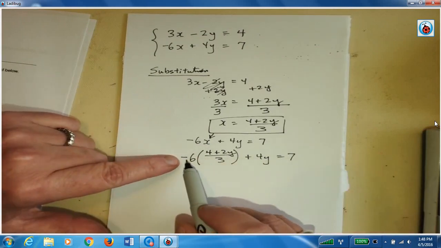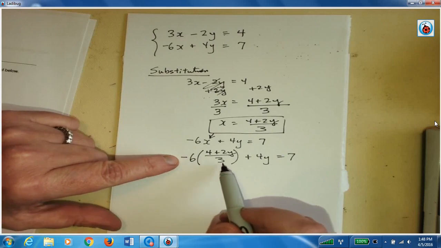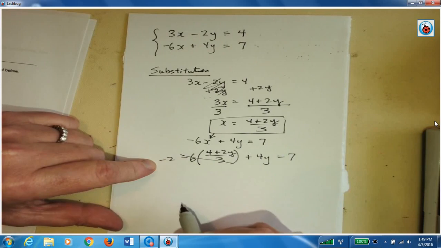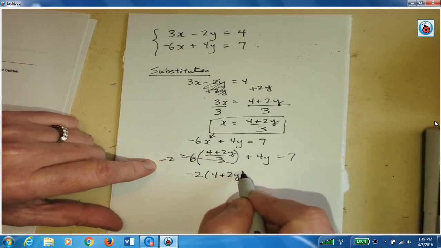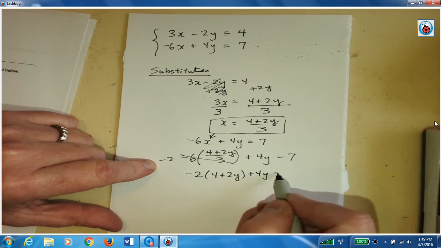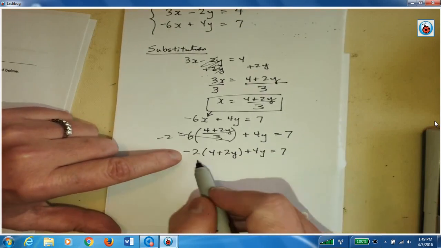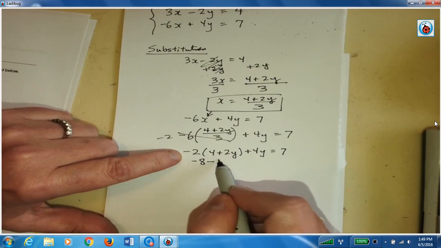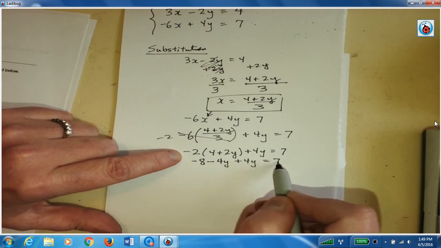Now, the negative 6 and the 3, I have some cancellation there, and when I'm done with that, I'm going to have negative 2 left over. Now I'm going to multiply the negative 2 through. So I'm going to have negative 8, then I'm going to have minus 4y plus 4y equals 7.